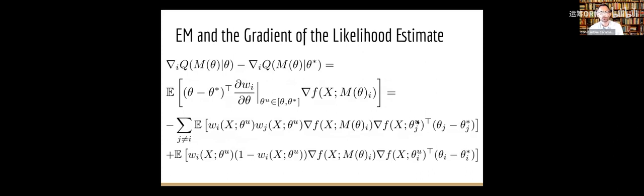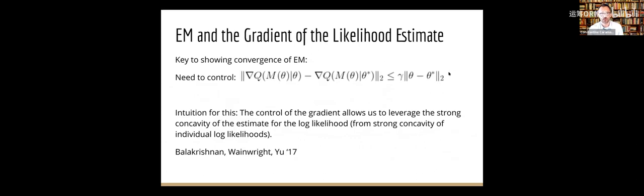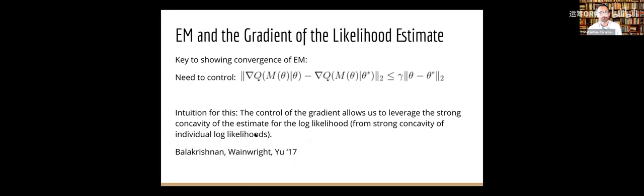This u here, I've just used the intermediate value theorem. We can talk about details after the talk or offline. I'm happy to talk at any point. But what I'm really mainly wanting to point out is this really simple observation that if we write it down in the right way, this property that we need for EM to converge pops out the same quantities as what makes up the Hessian.